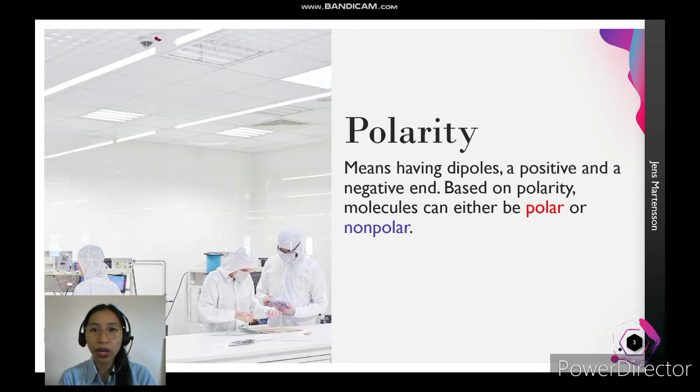Whereas non-polar molecules don't have a positive or a negative end. Both sides or both ends of the molecule are neutral, as if there is no overpowering charge. So that molecule could be classified as non-polar.